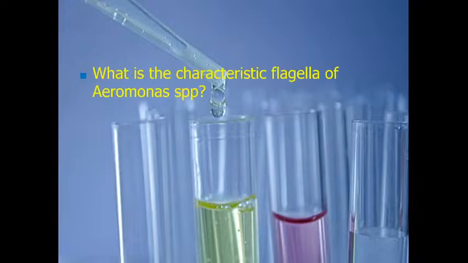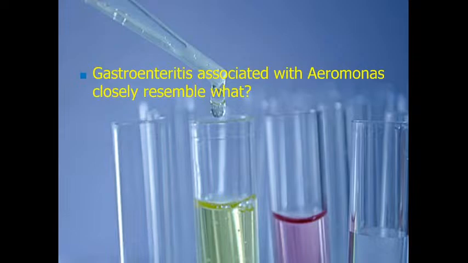Now, the characteristic flagella of Aeromonas is that it has a polar flagellum, meaning it's monotrichous as well. Gastroenteritis associated with Aeromonas closely resembles that of shigellosis. So this is turning into a pattern. A lot of the times we have enterotoxigenic E. coli with the Shiga-like toxin.